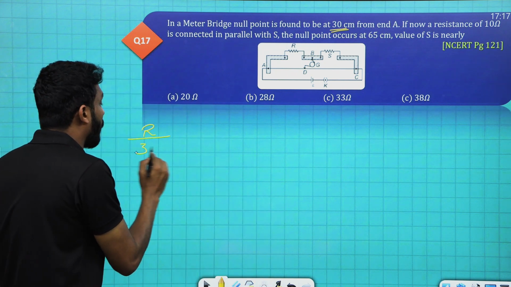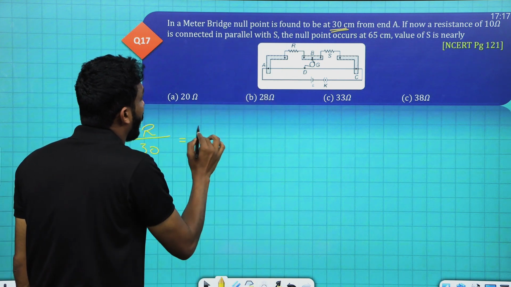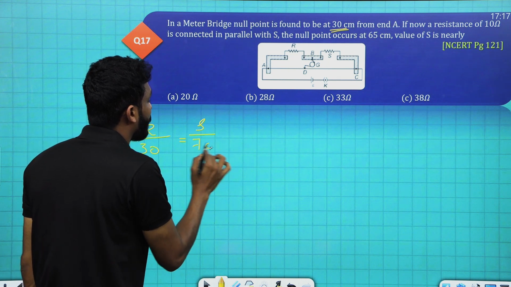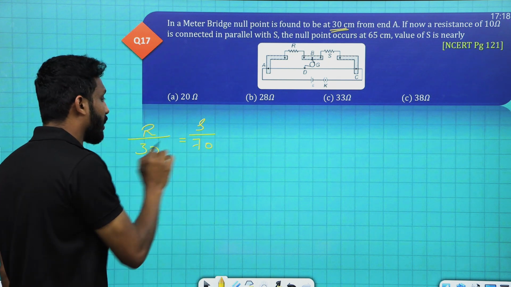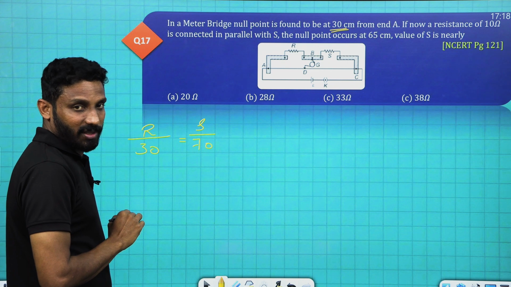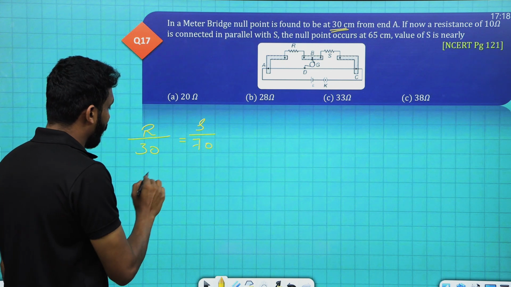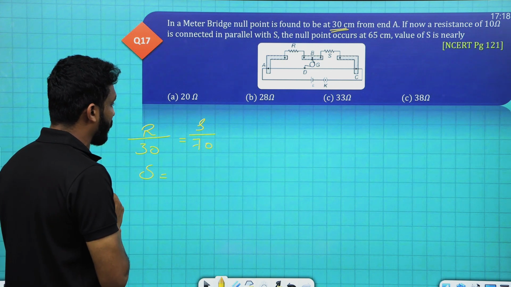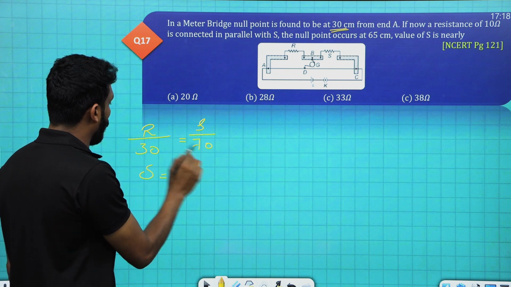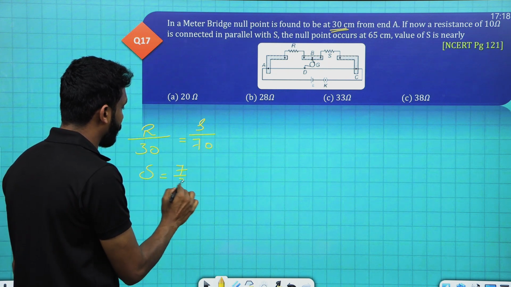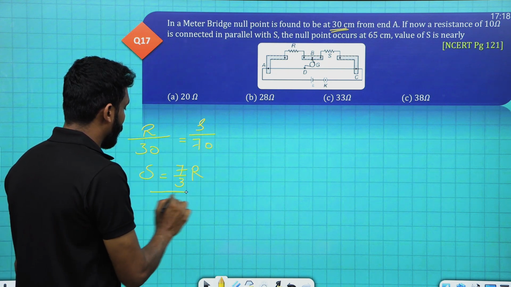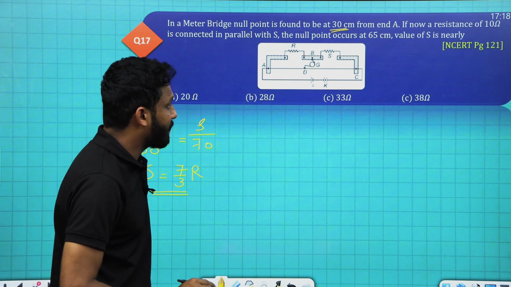So R divided by 30 is equal to S divided by 70. This is one equation. 0, 0 cancelled. We are having S is equal to 7 by 3 of R. One equation is obtained.